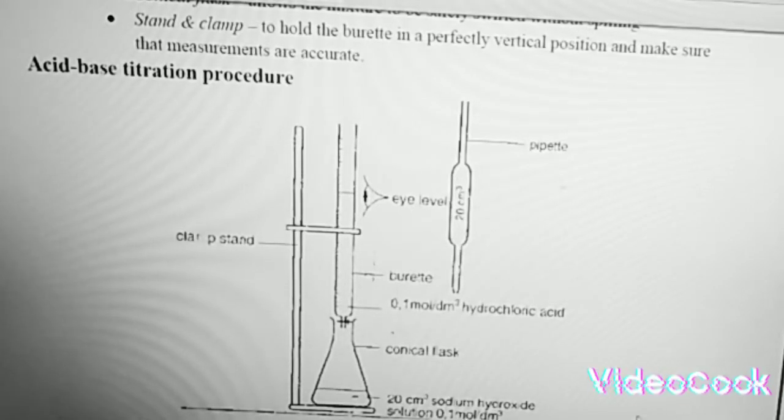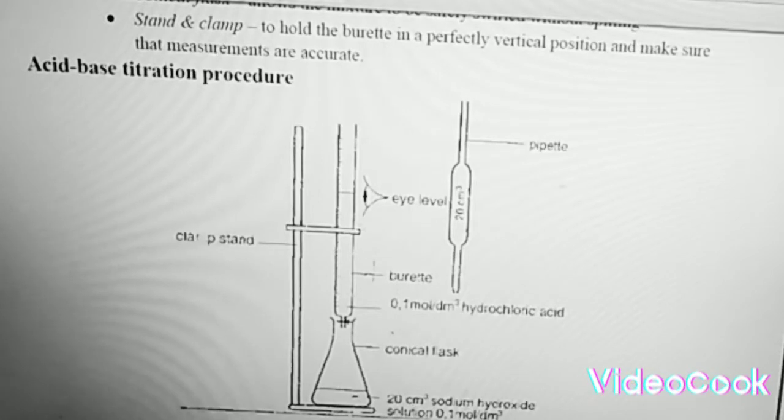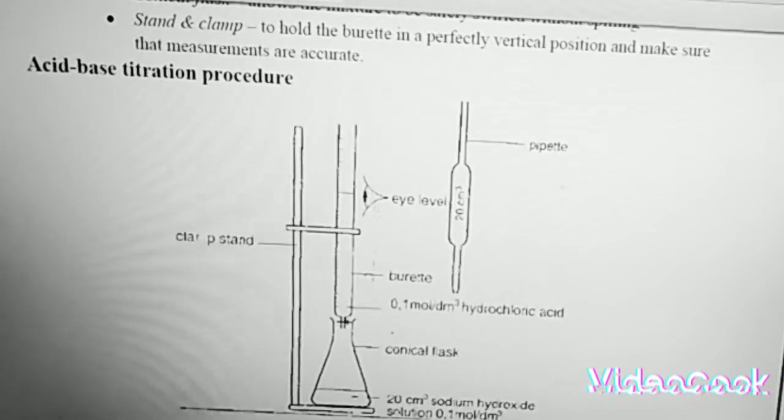We have got a clamp and a stand. This is our stand, it's holding our burette in place in a vertical perfect position, making it easier for us to measure accurately. I'm sure you can see the eye where it's looking at, right?